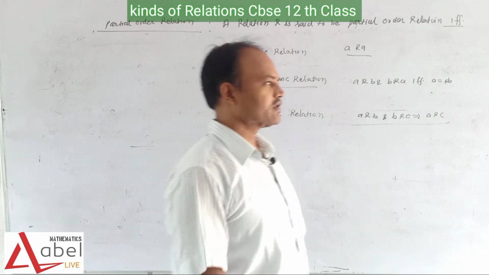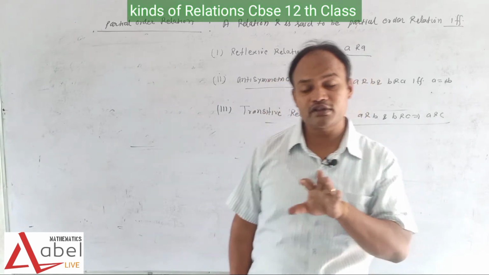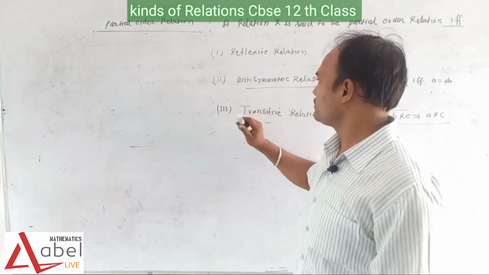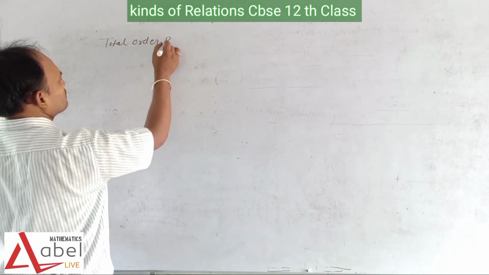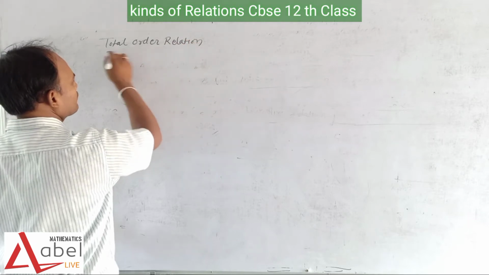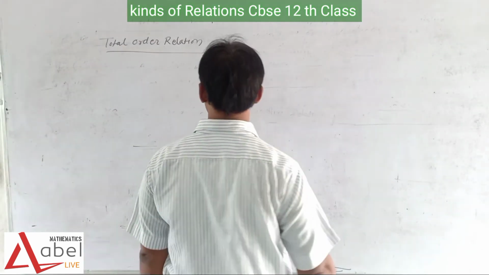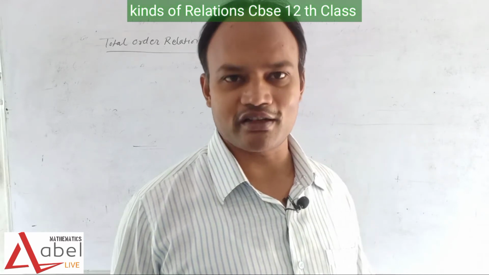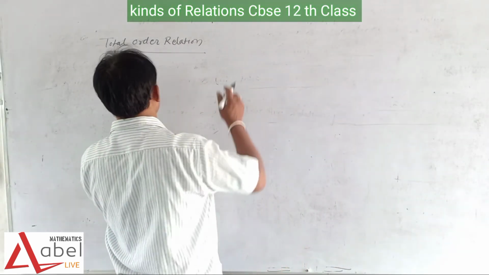So if a question asks how to prove the partial order relation, you always have to remember that it should be reflexive, antisymmetric and transitive. Now the total order relation is very simple, because to create a total order relation, we first create a partial order relation and then add something extra.